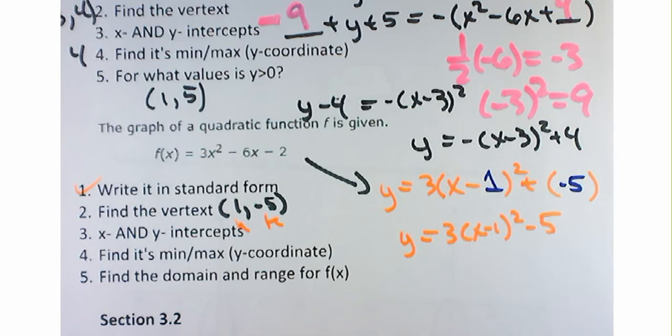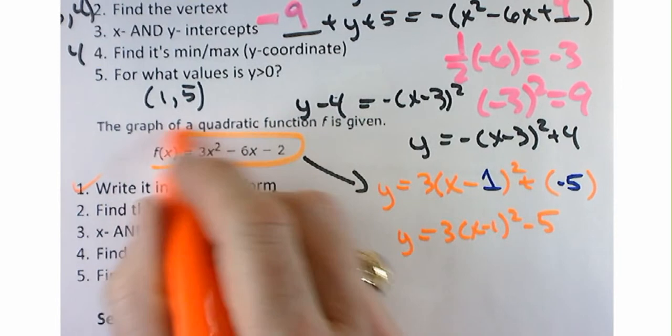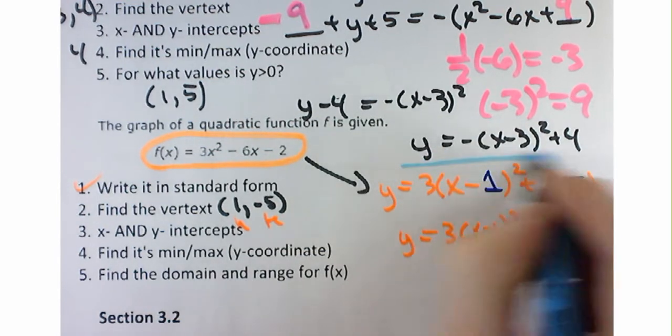X and y intercepts. How do you find the y-intercept? Set x to 0. Now you've got two different forms of this equation that you could use. You could set x equal to 0 in this form right here, or in this form right here.